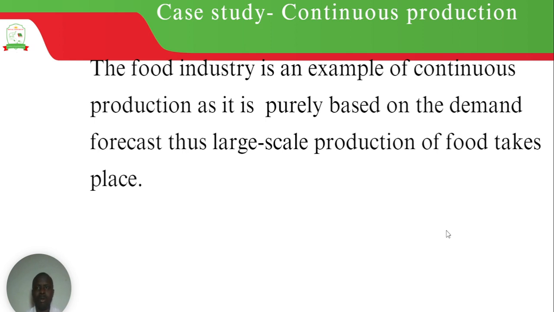At the company level, we have companies manufacturing consumables, products like sugar and salt. Those products undergo continuous production because customers, ourselves, will still at some point demand to consume them.